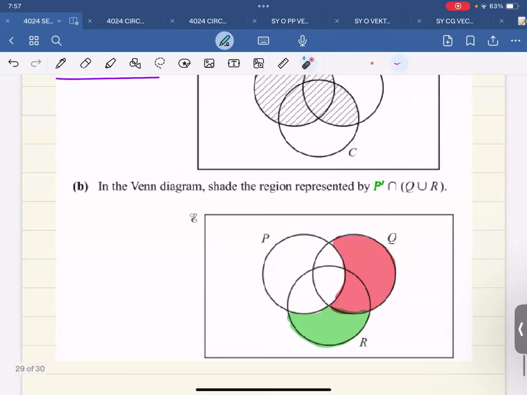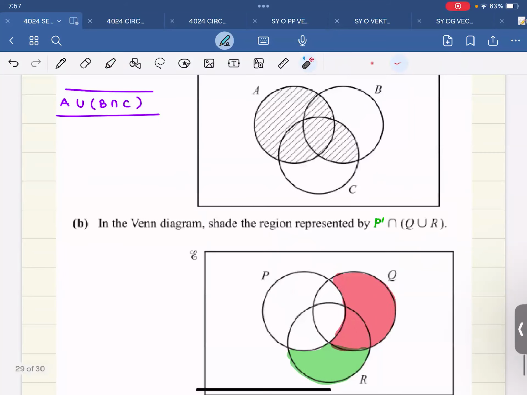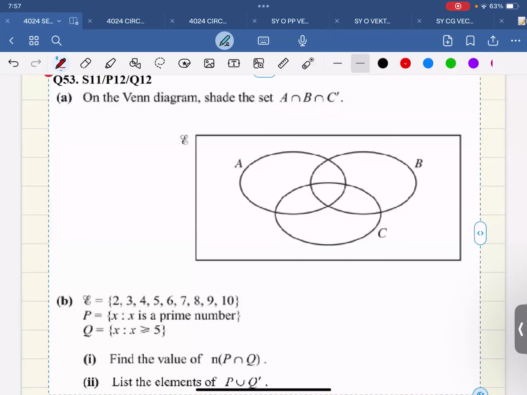Let's focus on this. On the Venn diagram, shade A intersection B intersection C complement. So A intersection B can be written in a bracket, A intersection B, intersecting with C complement. So let me write this thing. That's intersecting with C complement. C complement, I think it's the same thing as this. Yeah.